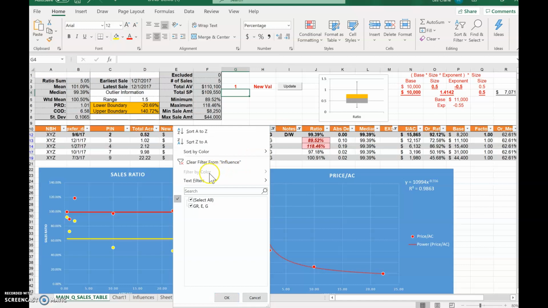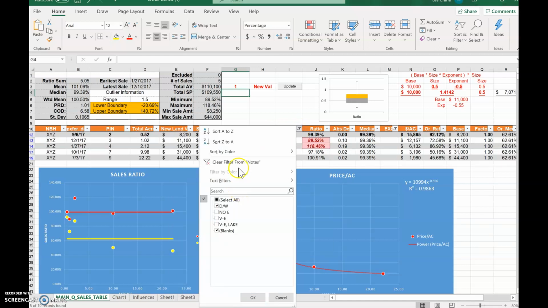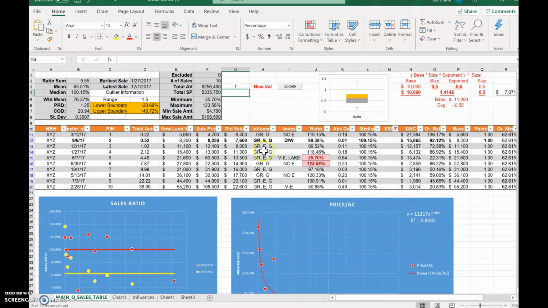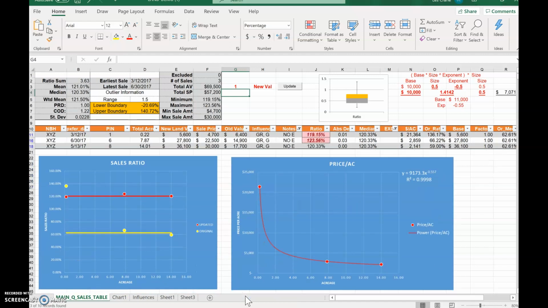So let's continue on with our modeling here, get back all of our sales. And then the next adjustment we're going to do is make an adjustment for not having electricity. So we've got 3 sales that don't have electricity. So you can see here our median ratio is 120%.